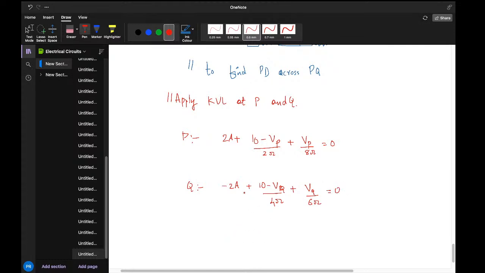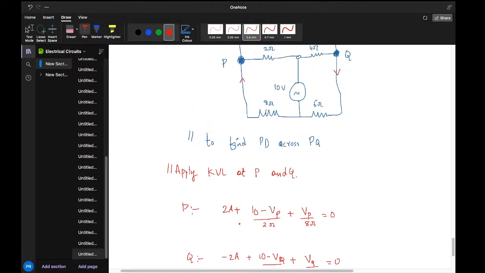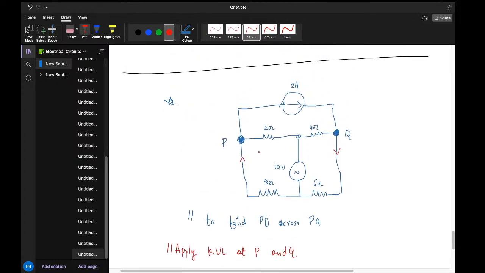So let's see what we have done. We have calculated the current, the potential drop across point P, across 8 volts and across 2 volts. Similarly we have calculated potential difference across these 3 points. So we have taken all the resistors into account.